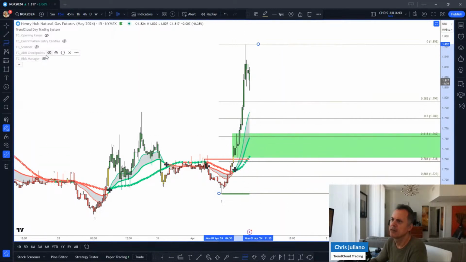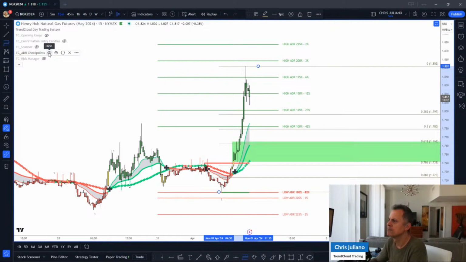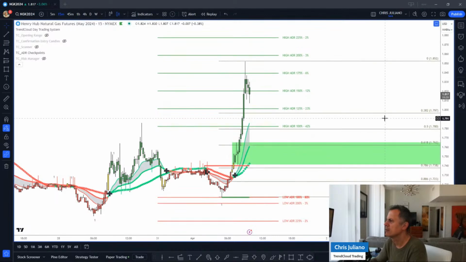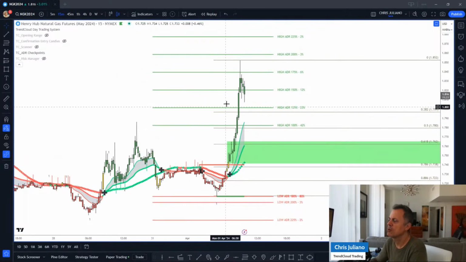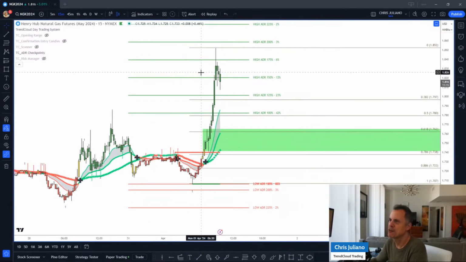How about ADR? So it looks like that 50% retracement level and that ADR checkpoint. Yeah, so there's the other issue, isn't it? Look at what we've hit today on natural gas.